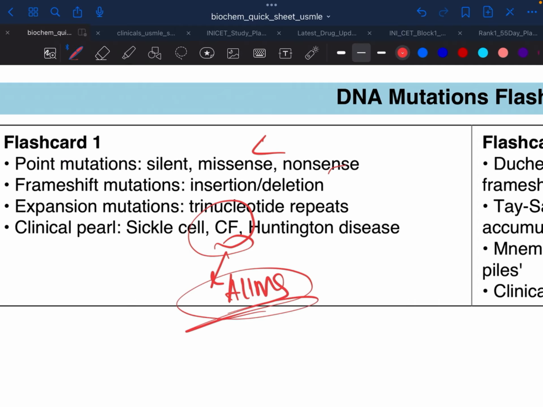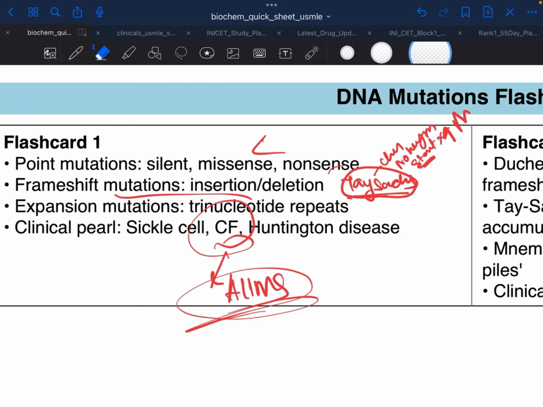And one more example is Tay-Sachs disease. Okay, Tay-Sachs, so you should learn this. In Tay-Sachs disease we have a cherry red spot, no hepatomegaly, and the startle reflex is positive. If you clap in front of the child, it will give no response. Okay, no, sorry, it will give an exaggerated response. When you clap in front of a child, that is the exaggerated startle reflex, and that's in Tay-Sachs.